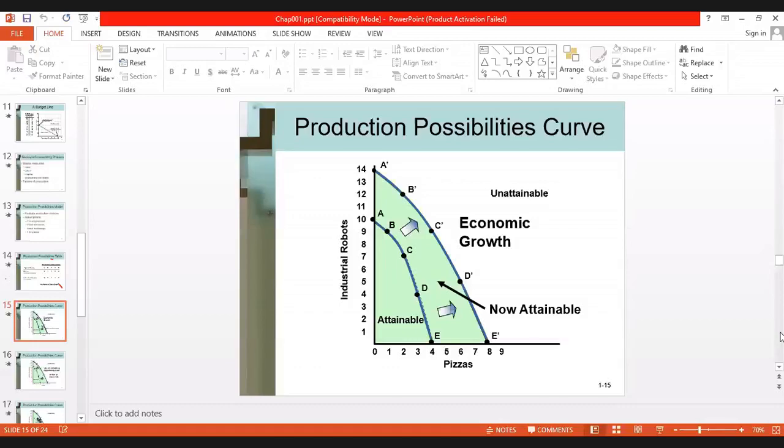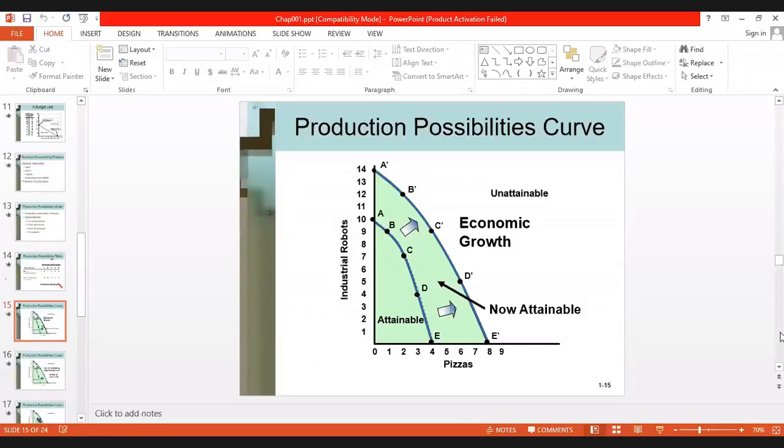So to produce one more pizza, you lose more robo production.